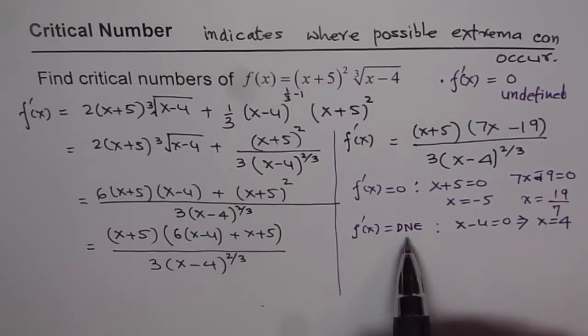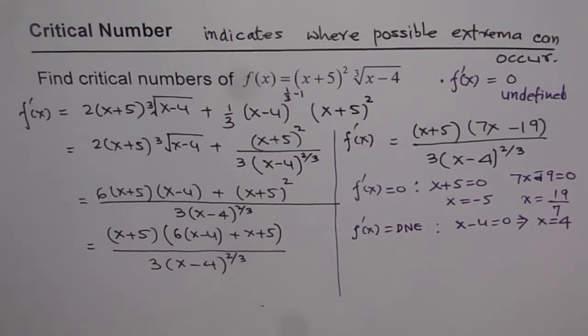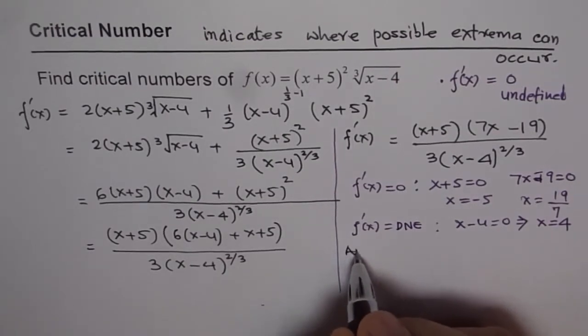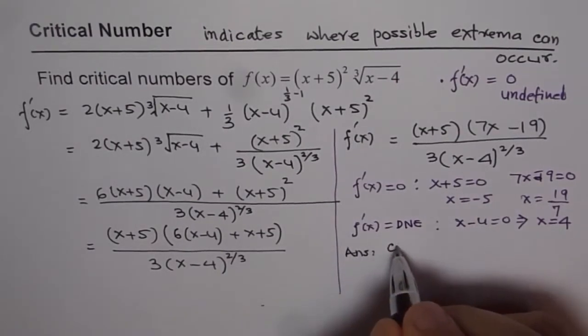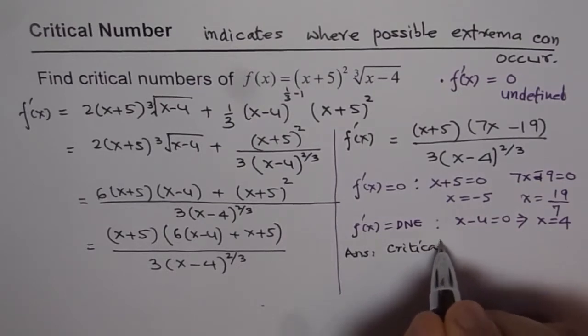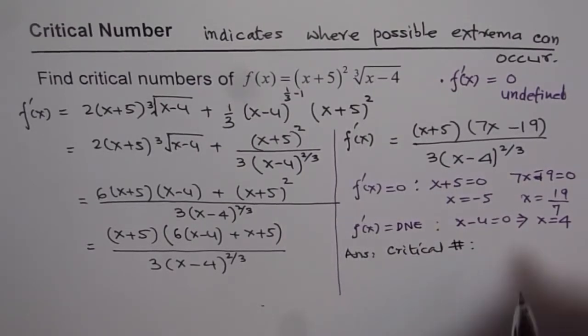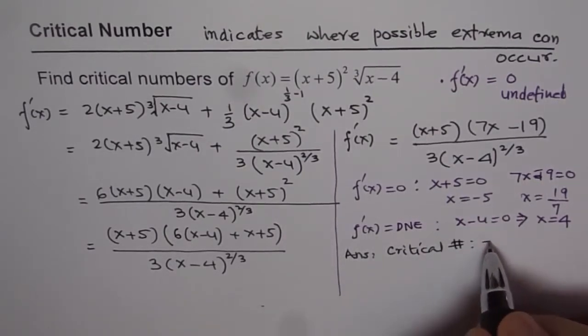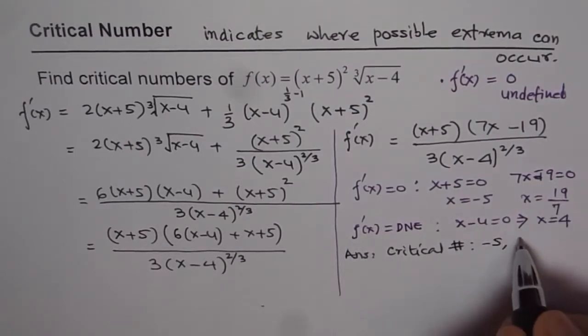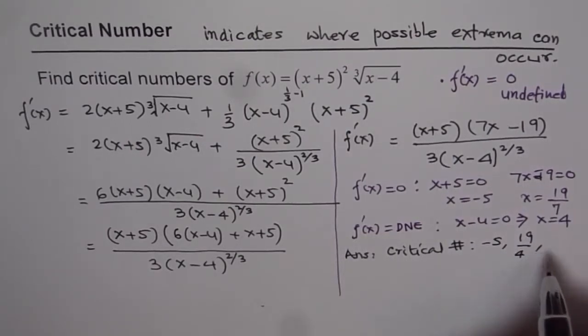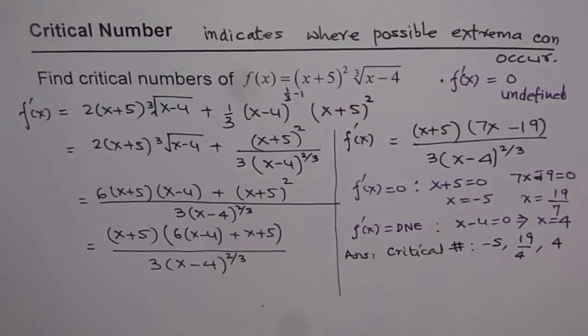So we could have an extreme value here also. Think about a sharp corner, right? So that could be a point also. And therefore we get our answer: the critical numbers are minus 5, 19 over 7, and 4. So these are the three critical numbers, right?